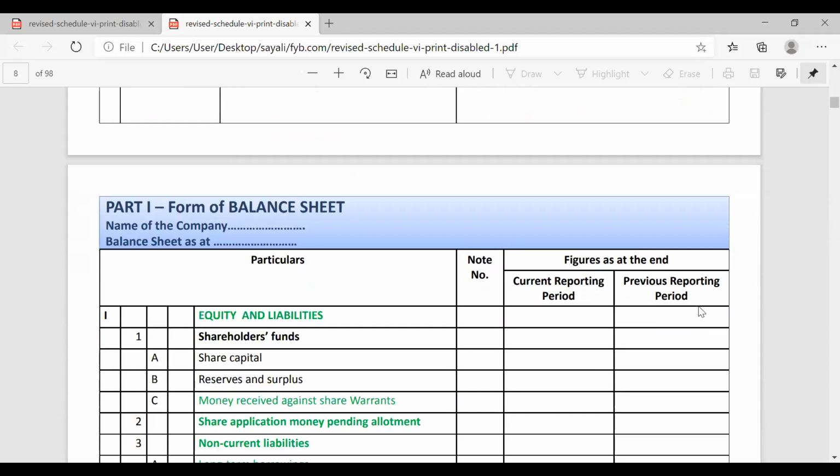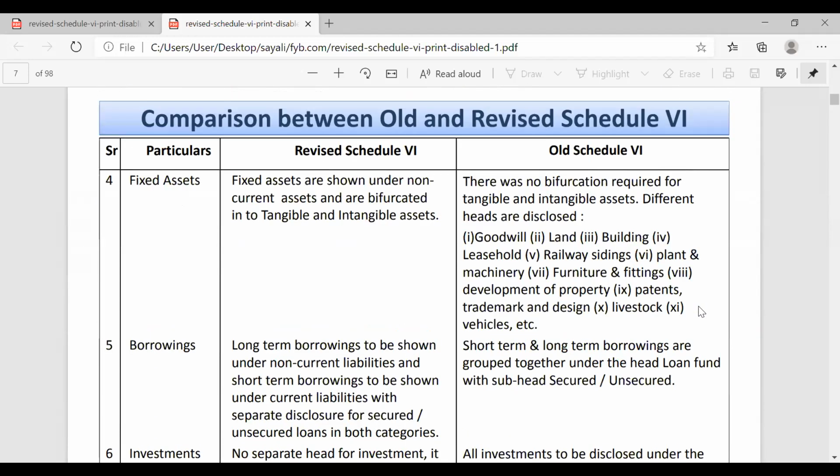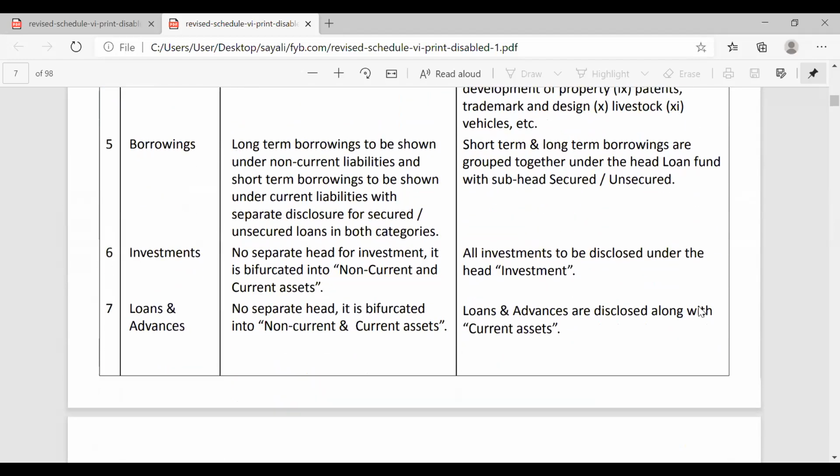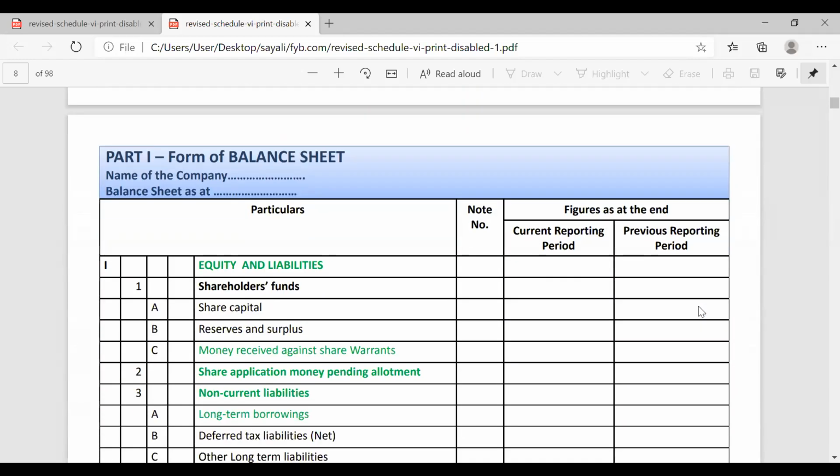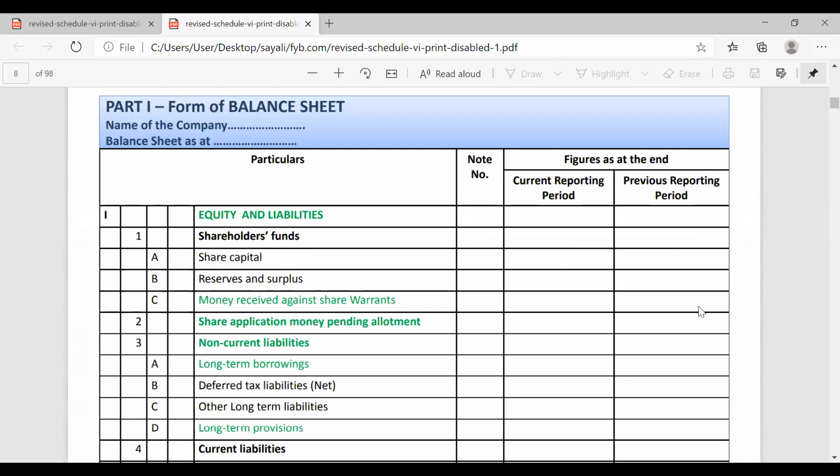So these are some basic differences as well as general instructions for the preparation of the revised balance sheet, or revised Schedule 6. Now we discuss the format of Part 1, Part A, form of balance sheet. It starts with the name of the company and balance sheet as at whatever the date.